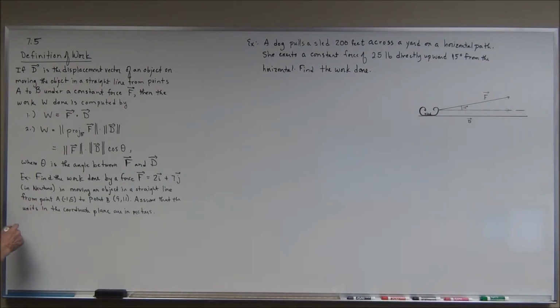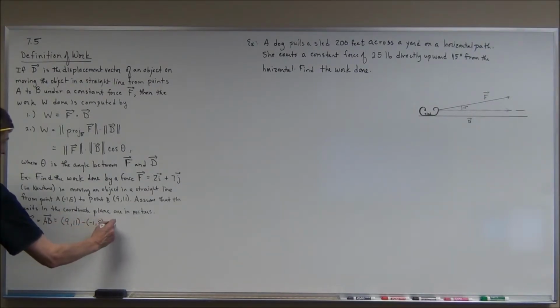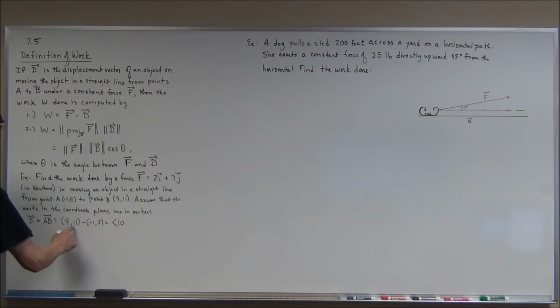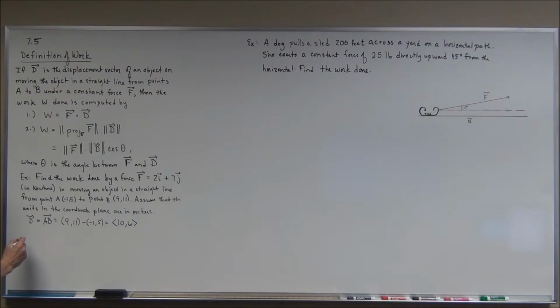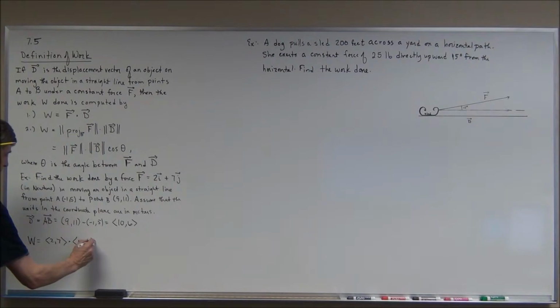First things first, we need the displacement vector. So we're going from A to B, so that would be vector AB, which is B minus A, so it would be (9, 11) minus (-1, 5), which would give me vector (10, 6). Now, the work is equal to the force, which is vector (2, 7), dot product with vector (10, 6).